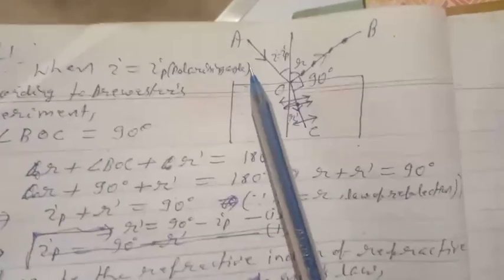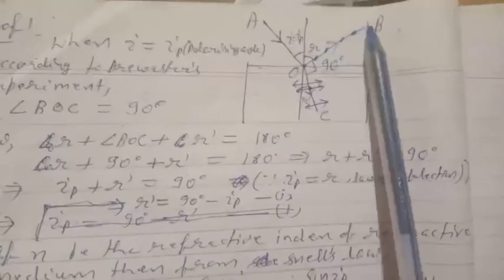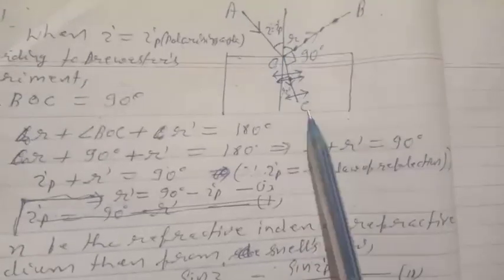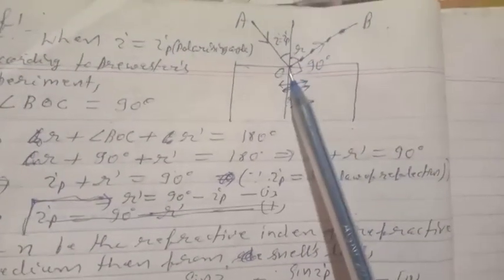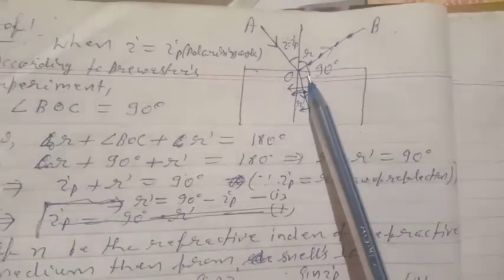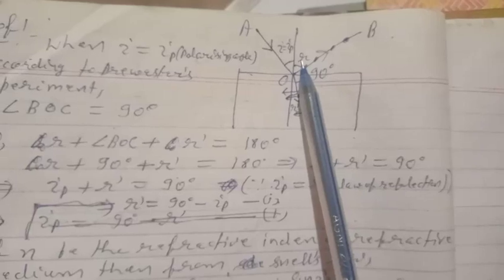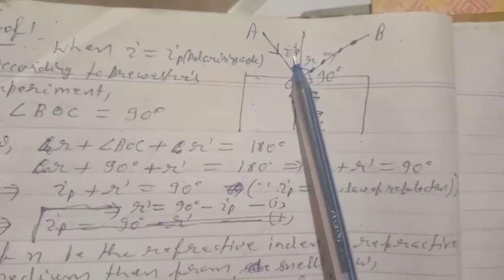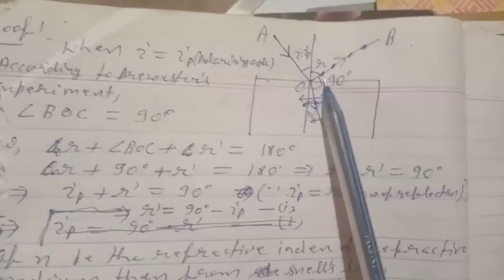Proof. Here this is a light which is incident at point O and reflected along OB and refracted along OC, and this angle is 90 degrees, and this is the angle of incidence i, and this is the angle of refraction r dash, and this is called the angle of polarization where this becomes 90 degrees.